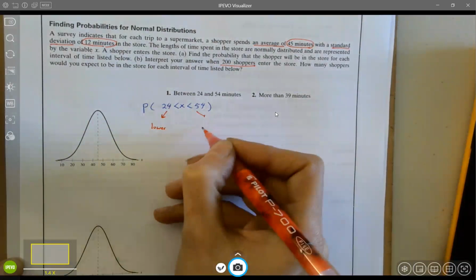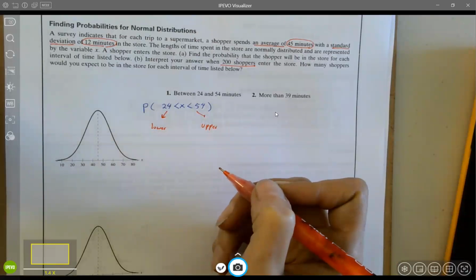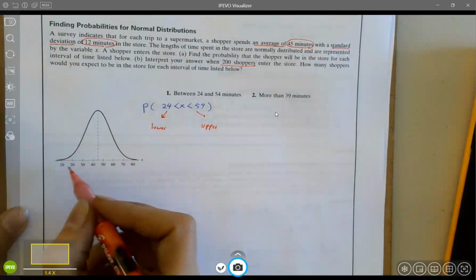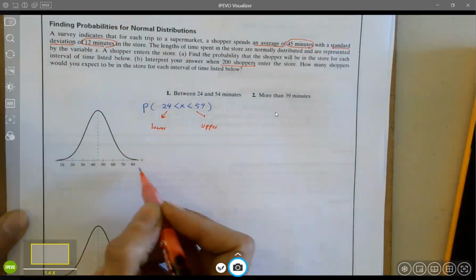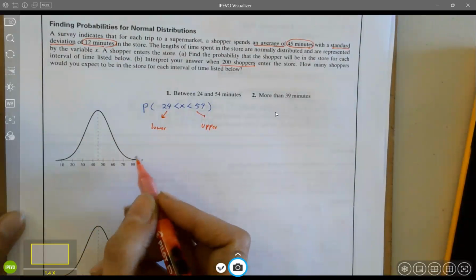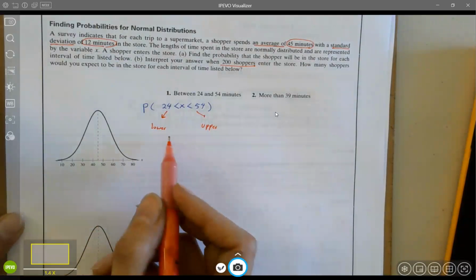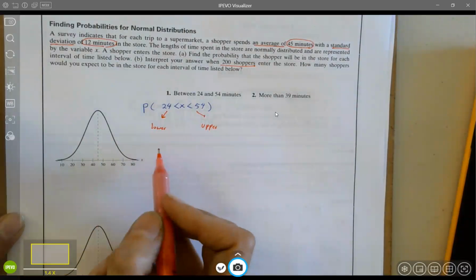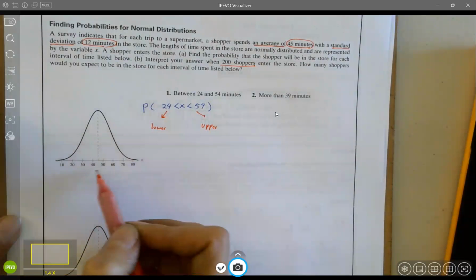This is our lower and this is our upper bound. These are X values, so our horizontal axis has X values. We're not working with the standard normal distribution, not with our Z values. Of course, we can convert each of these into Z and use our standard normal distribution, but since we have X, we can directly use our X values.